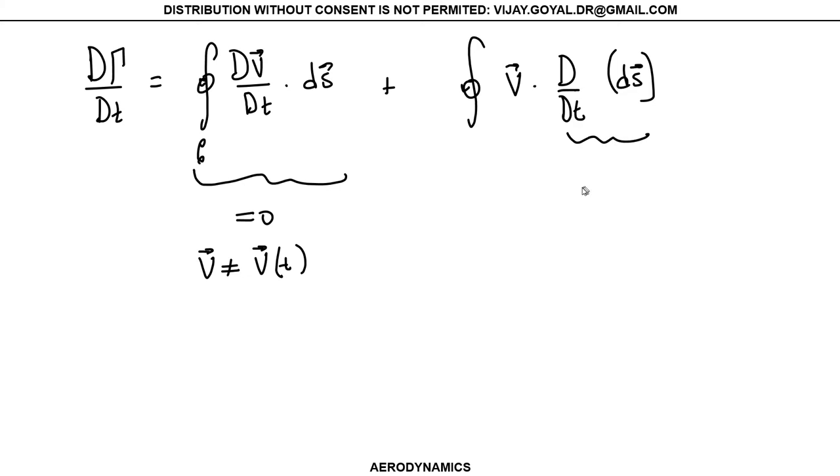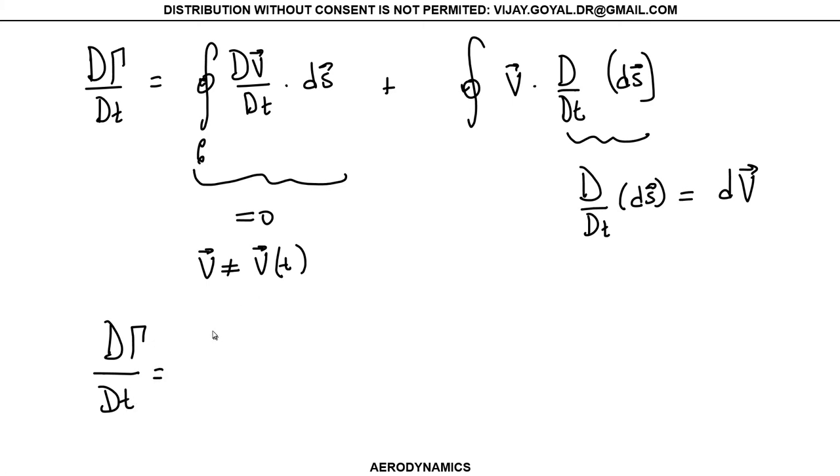This term, you can see, is nothing else than the differential of the velocity. So using Kelvin's theorem, this is actually equal to v dot dv.